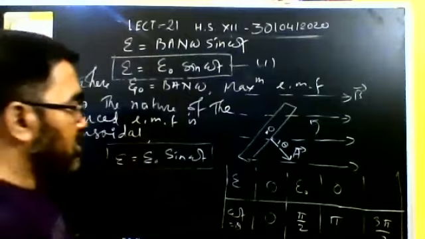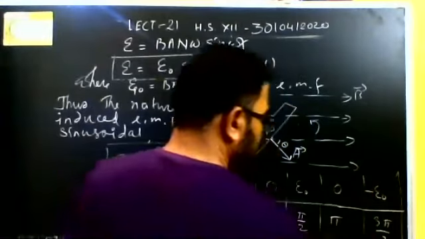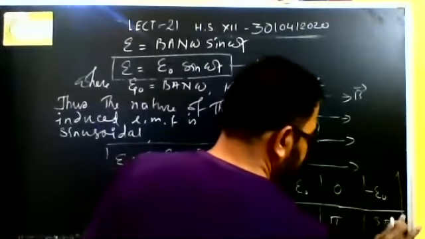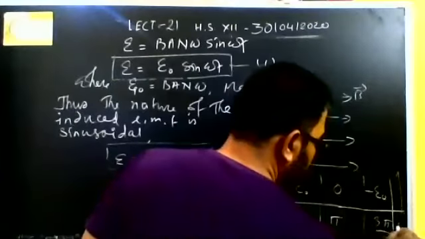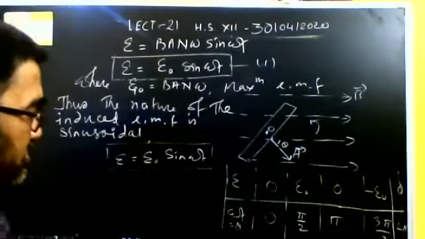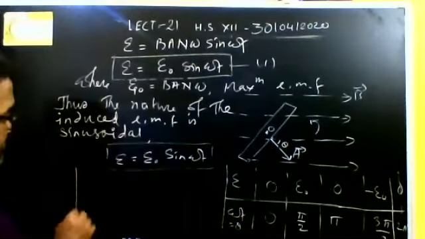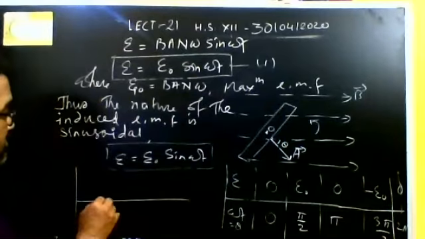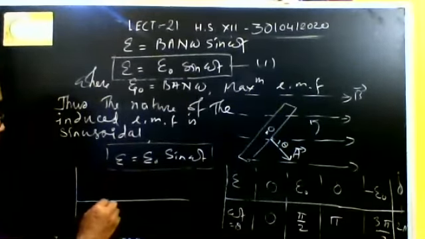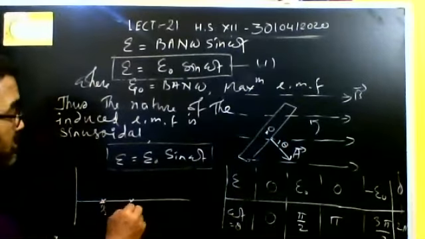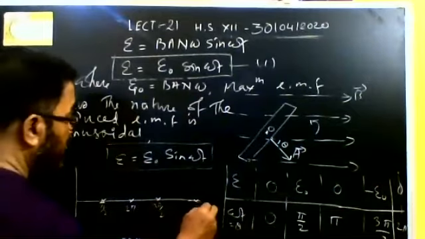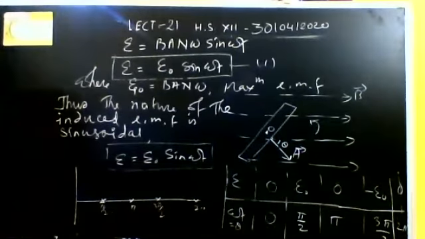So it will be minus epsilon naught, right? Similarly, the last value, if you put twice pi, it will be again 0. Okay, so if you draw a graph, this point indicates pi by 2, this point indicates pi, this point indicates thrice pi by 2, this point indicates twice pi.